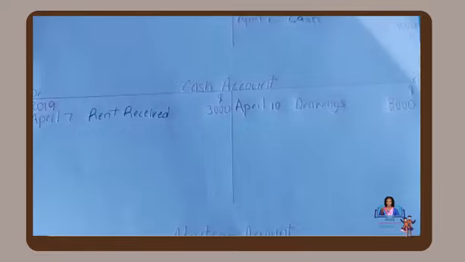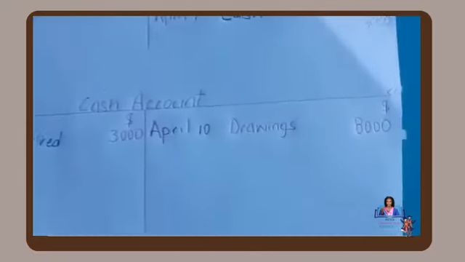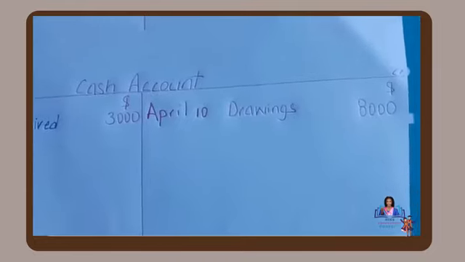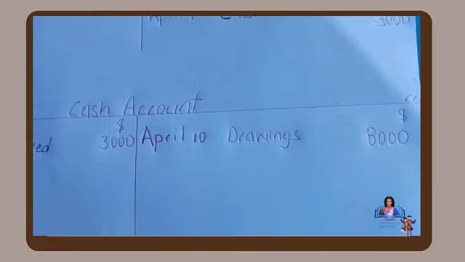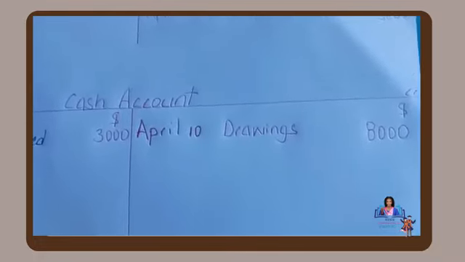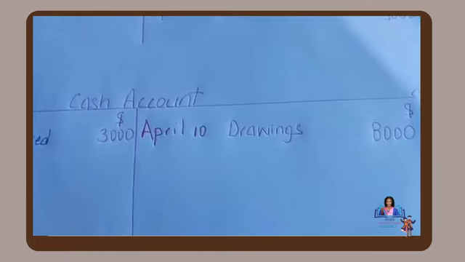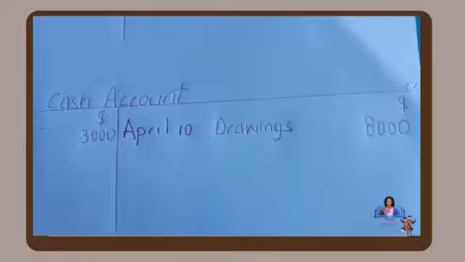The cash account would now appear like this. On April 10, that's for the final transaction, the cash account is credited to show that money was taken out. So the cash account is going down as a result of drawings, as a result of the owner taking out money for his or her personal use.